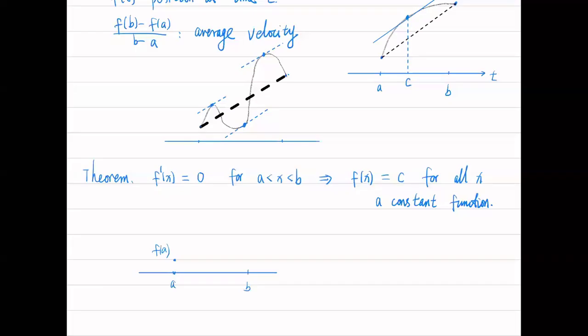If at some point the value is different, it may be higher, maybe smaller. Let's assume at some point it's bigger. What happens? Could we get a contradiction from this? We want to prove it must be constant, so we will prove by contradiction. If it's not constant, if somewhere the value is bigger, we will derive a contradiction.